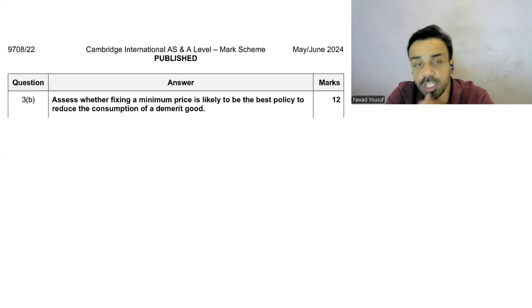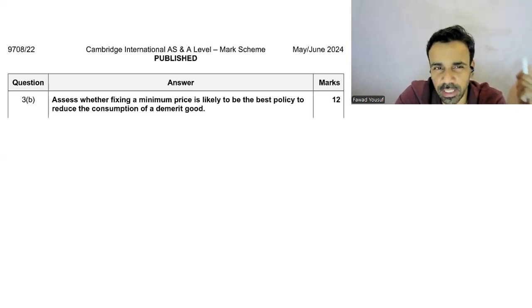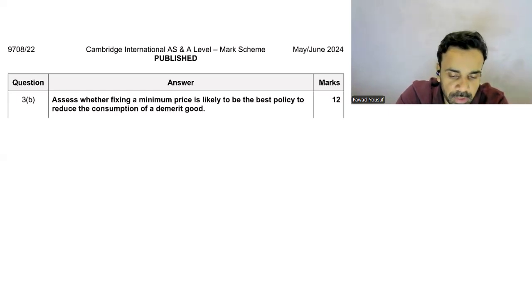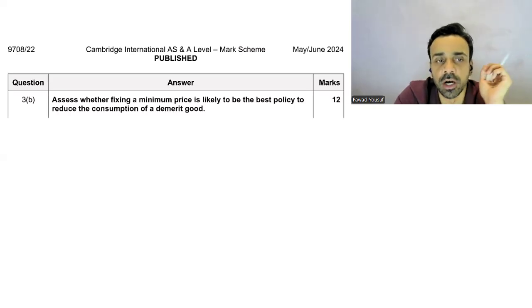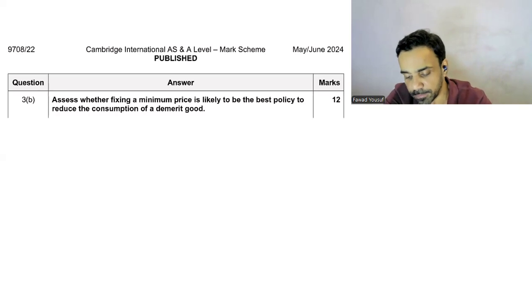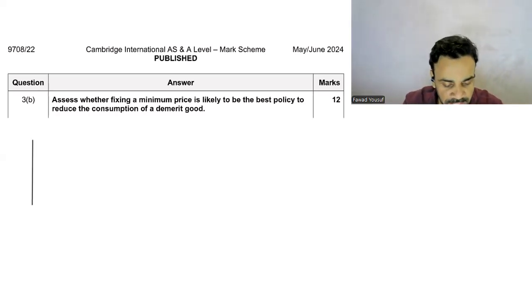We know what the structure is. First, you have to explain how minimum prices reduce consumption. Would you be graded for making a diagram? Because I can assure you 95% of the kids are going to make the diagrams for it. Even if you make the diagram, that diagram is going to end up supporting your answer.